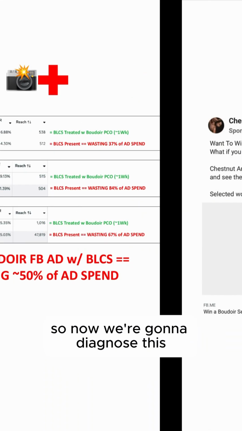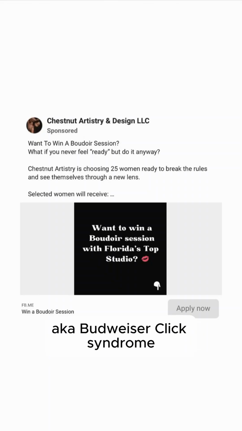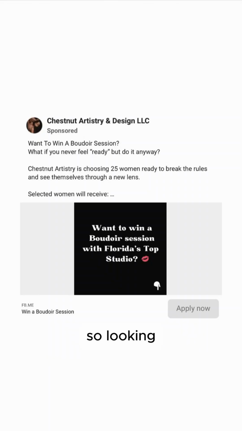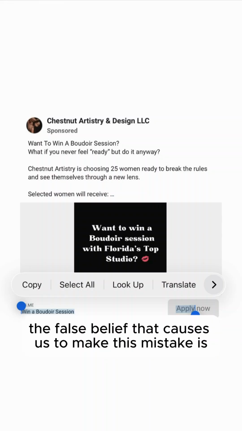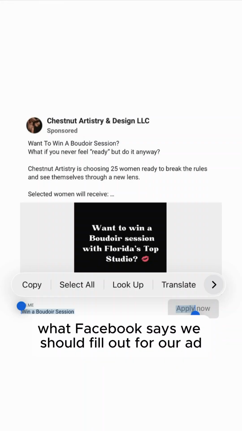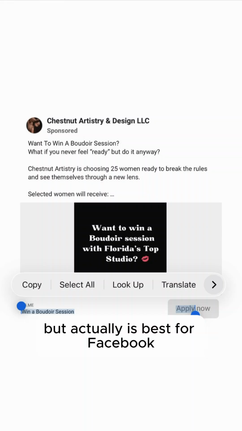The Zuck. Now we're going to diagnose whether we believe it has BLCS, aka Boudoir low click syndrome. Looking here, we've got the below creative cluster mistake. The false belief that causes us to make this mistake is that we trust that what Facebook says we should fill out for our ad is what is best for us, but actually it is best for Facebook.